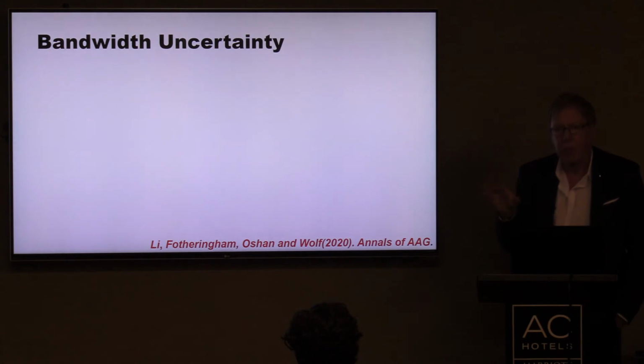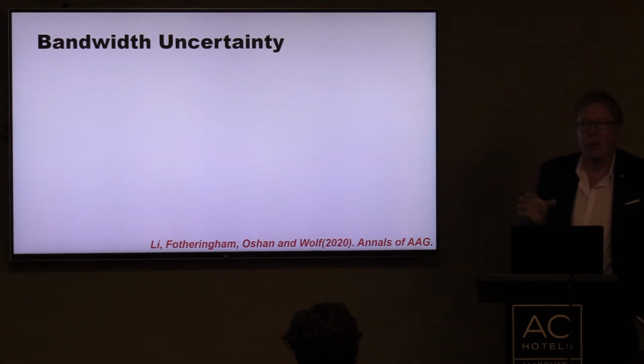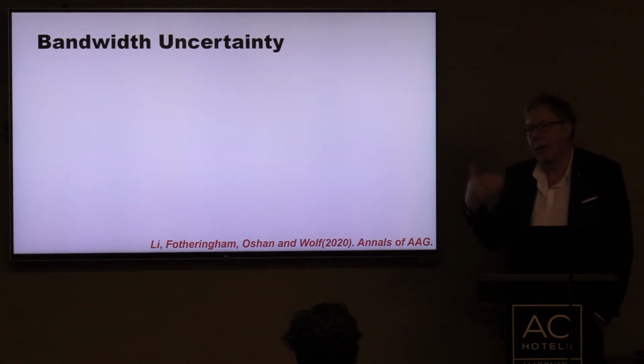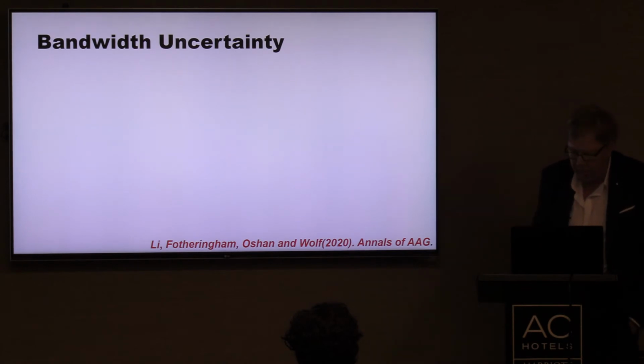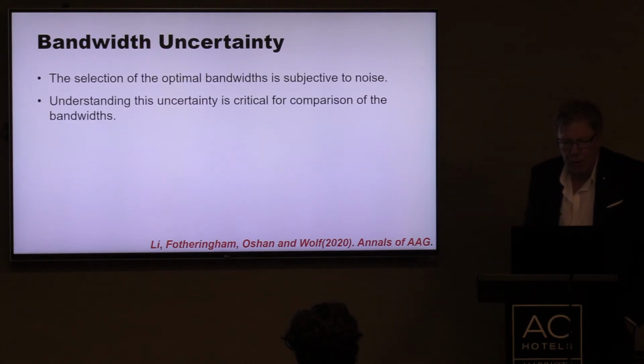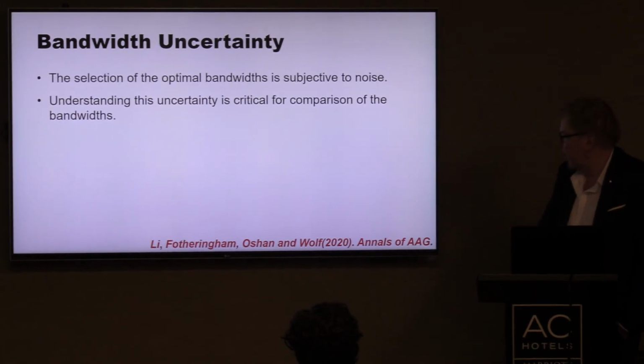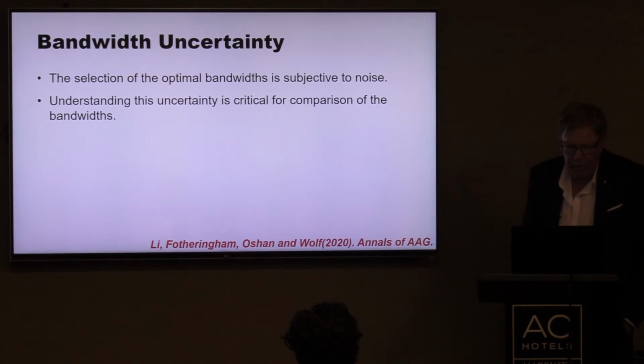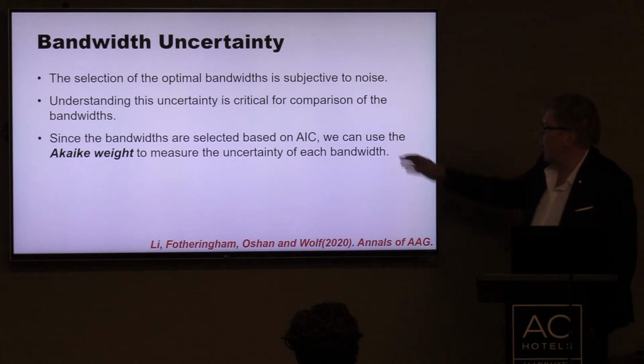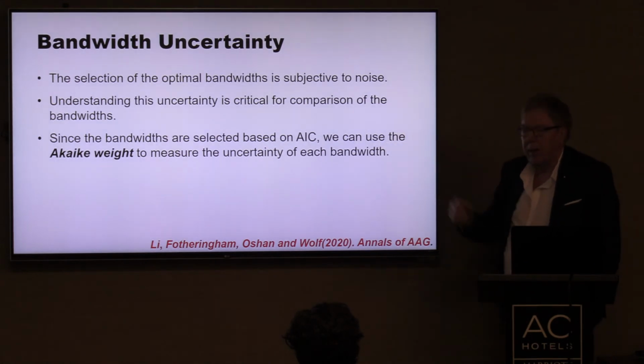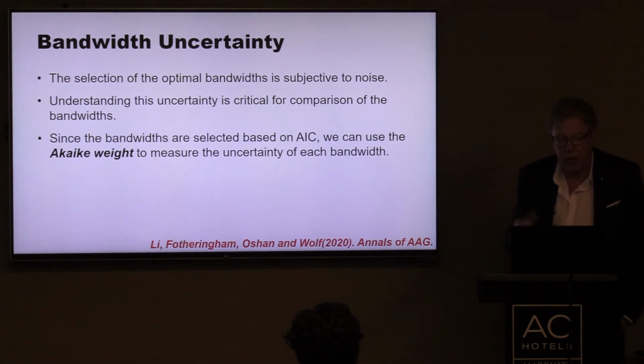Now, this morning, several people mentioned uncertainty. So there's obviously uncertainty in the bandwidth when we estimate this. There's noise in there. So we can incorporate that, and there's a paper coming out in the Annals on this. I'm not going to go into the technique, it's all in there, but we use Akaike weights to measure the uncertainty of these bandwidths.